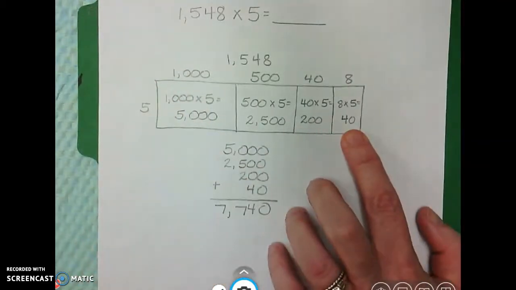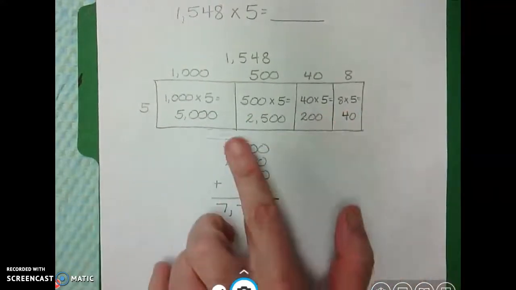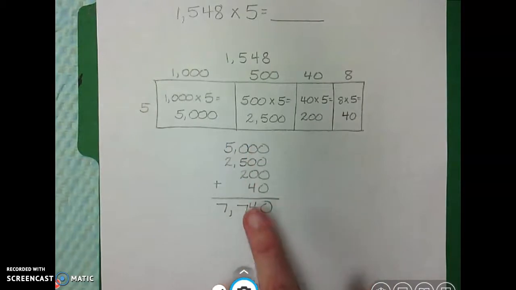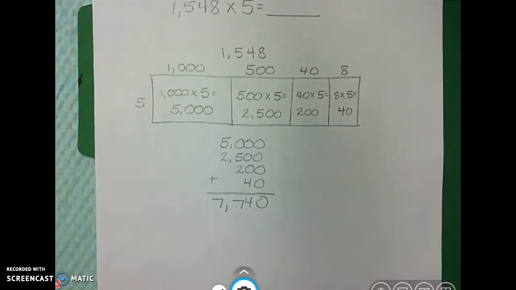And that gives me 40. Now I'm not finished yet. I've got to take all of these subproducts and add them together. And so when I add 5,000 plus 2,500 plus 200 plus 40, I get the total of 7,740.